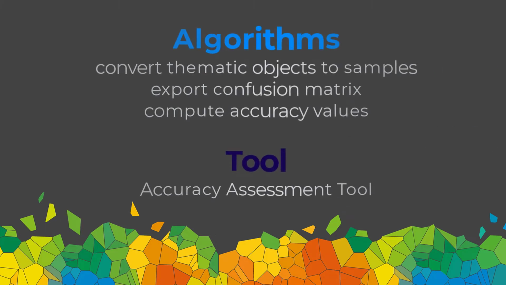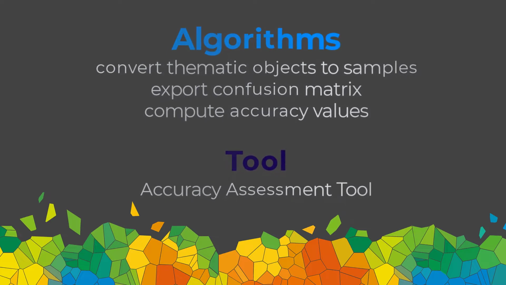Which algorithms are we going to use? As stated before, we're going to have a vector file representing our ground truth data. So we're going to convert thematic objects to samples, because we need samples or object variables to do the accuracy assessment. Then we have an algorithm called export confusion matrix. This one exports your confusion matrix as a CSV file, and then you can open that one.